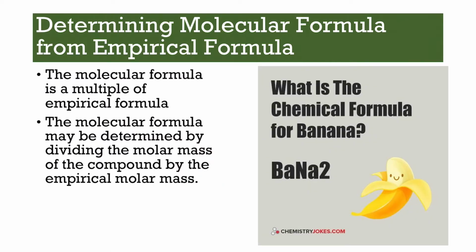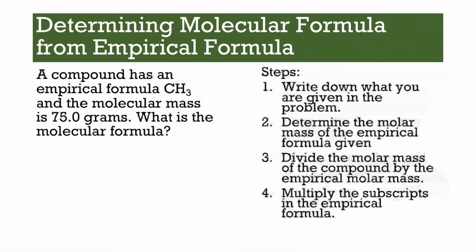But now, what if I gave you the empirical formula and wanted the molecular formula? So we're able to do that given a few different things. And so that is what we're going to do in the next thing. Okay, so here is the first question.